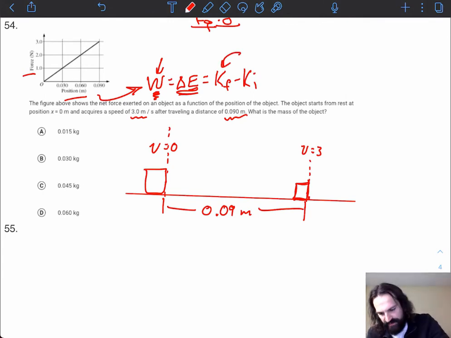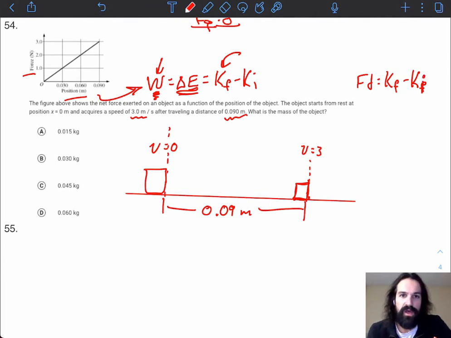So FD equals KF minus KI, or 1/2 mvf squared minus 1/2 mvi squared. But then I realized, I don't know the final velocity, initial velocity, or the distance. You need this, you need this, and we need this. Oh, we have this, right? FD.